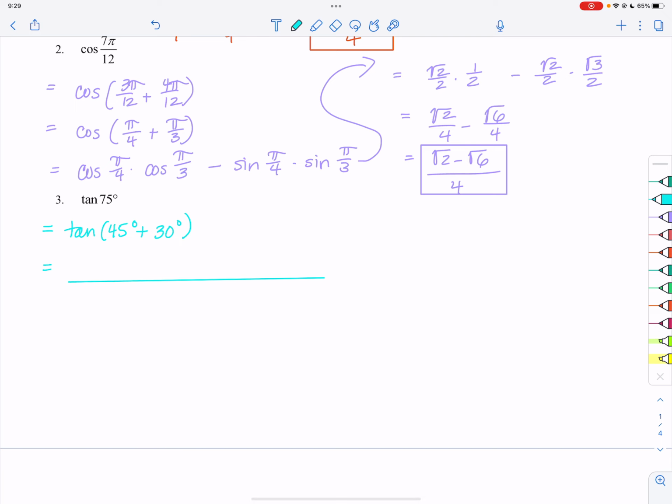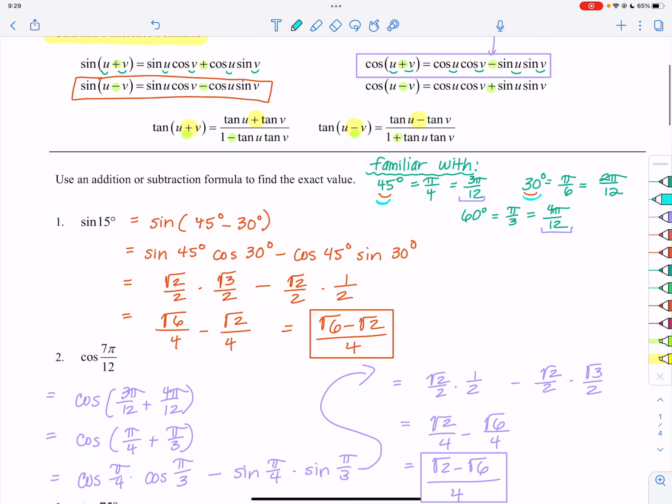So in the numerator, we will have the tangent of 45 degrees, and this is the sum.